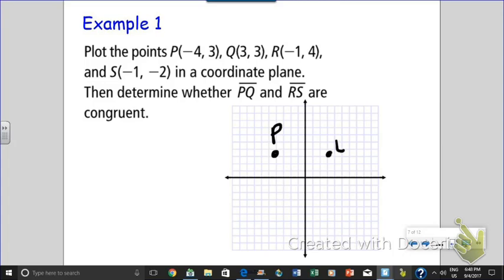P and Q. Here's our segment for PQ. And then negative 1, 4, and for R, S is at negative 1, negative 2.